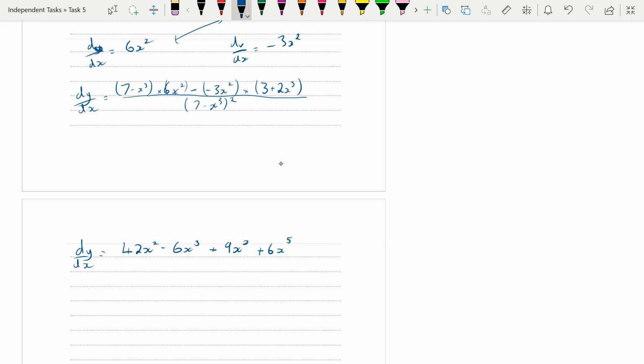So it'd be 6x to the power of 5 here as well. You'll notice my numerator simplifies a little bit more, so I need to keep going. And I end up with 51x squared all over 7 minus x cubed all squared. These two cancel each other out, equal and opposites. I'm left with that.